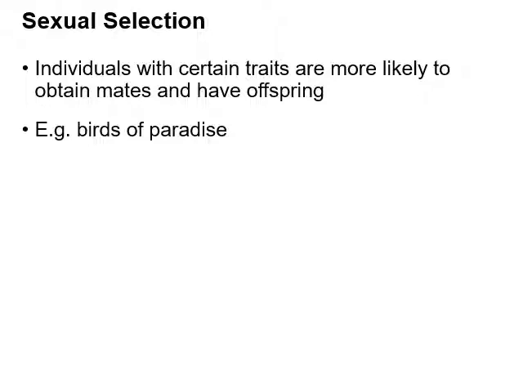So that's what you find in birds. You find it in a lot of different animals. One of my favorite examples are these small crabs known as fiddler crabs. And with fiddler crabs, the males have one large claw and one small claw. And the large claw is only useful for attracting mates because it can't be used for feeding. It can't be used really for anything.